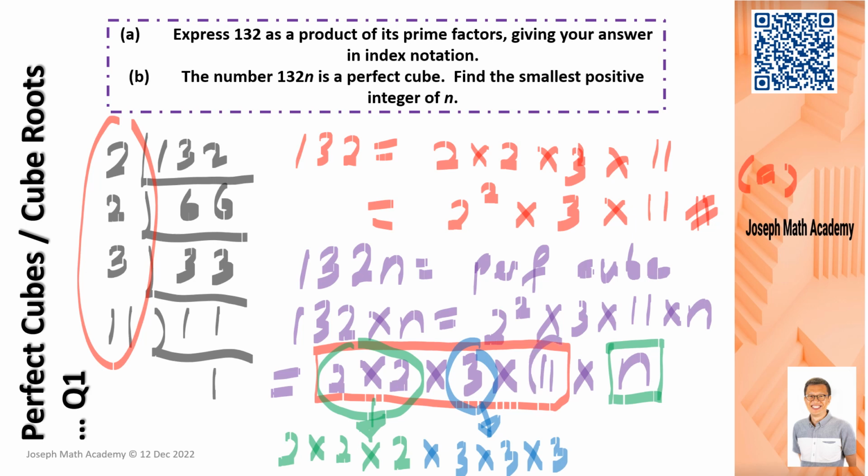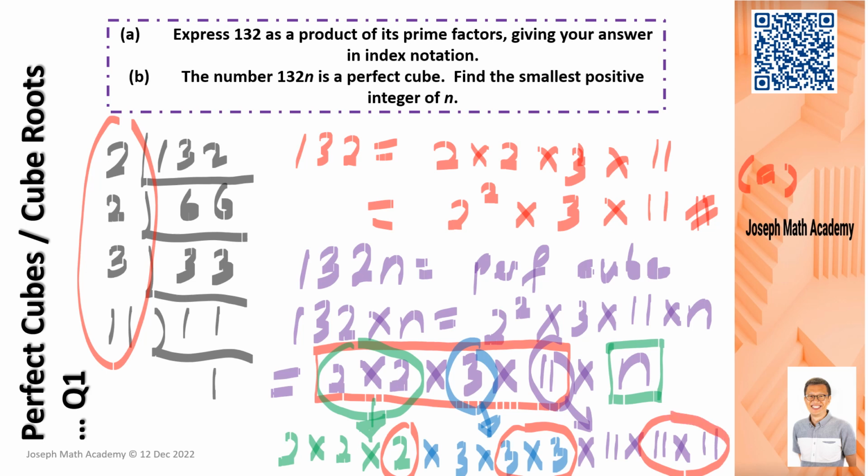Over here, we also need 2 more 11s, then we get a set of 3. So what have we added? What prime factors have we added into that algebraic expression? We have added one 2, two 3s, and two 11s.